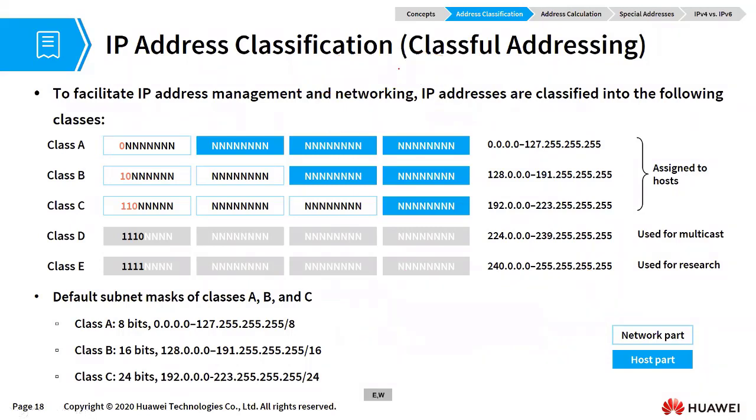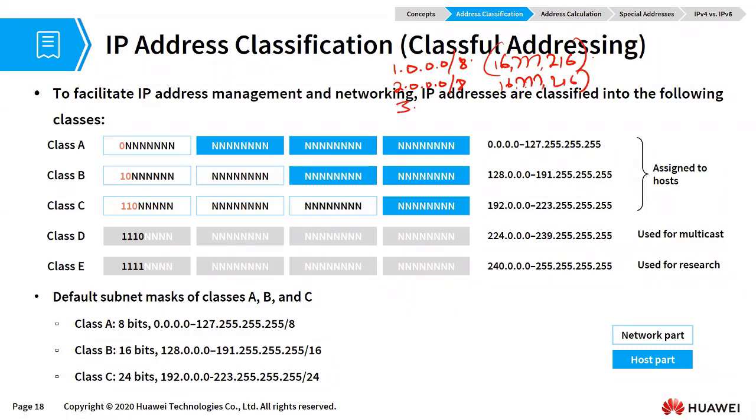Again, for every network like 1.0.0.0/8, we shall have 16,777,216 hosts. When you go to the second network, 2.0.0.0/8, we shall have 16,777,216 hosts.